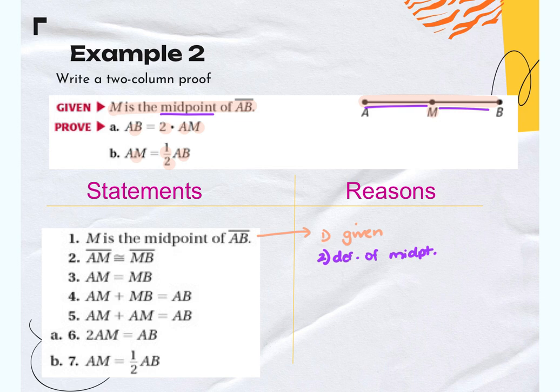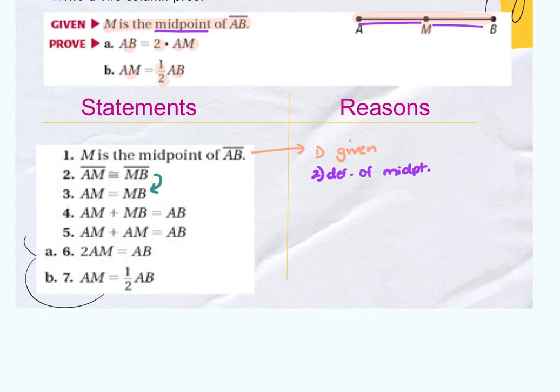Three, the only thing that changed from 2 to 3 is that the congruent symbol went to become an equals and the actual segment symbol went away. So this, going from congruence to equals, or the other way around, because you're going to see it both ways, is the definition of congruence. Sometimes it will say definition of congruent segments. Sometimes it will just say definition of congruence. I would have taken either one.